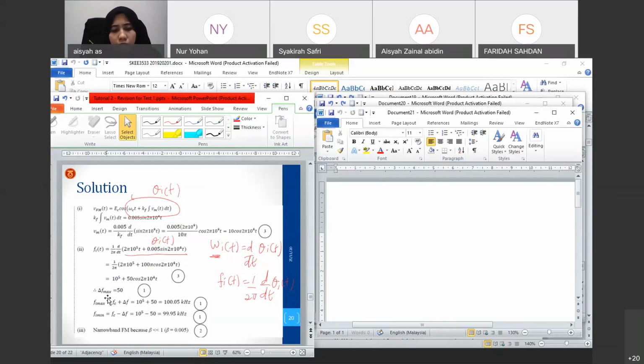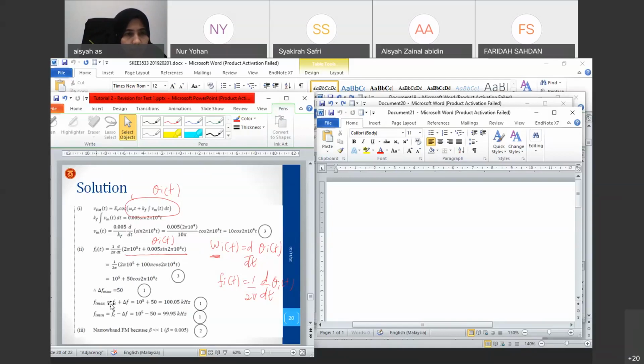For this one, this is fc plus delta F. So the delta F max, if we use t equal 1, we get 50.